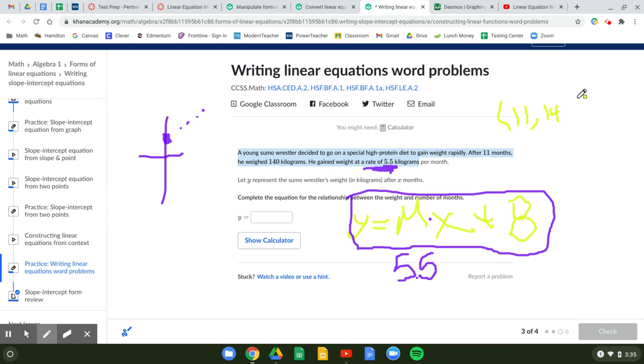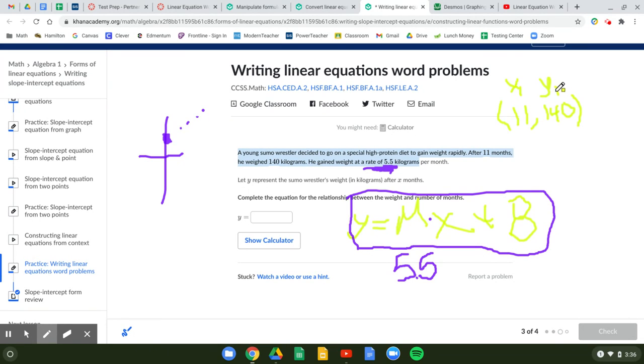So y is 140. And I know it goes in that order because it tells me let y represent his weight after x months. So x is months, which is 11, and y is weight, which is 140. So that's what we're going to call x1 and y1.